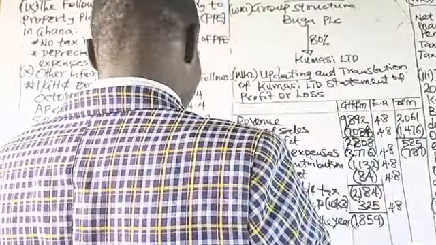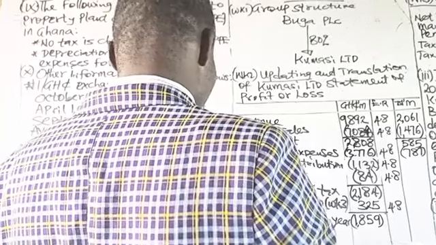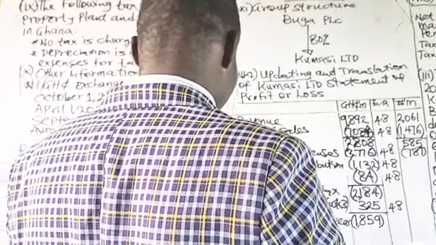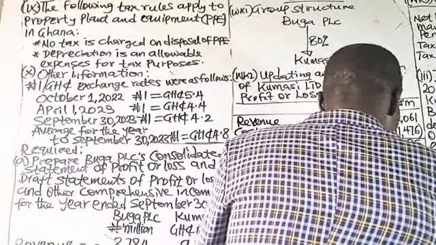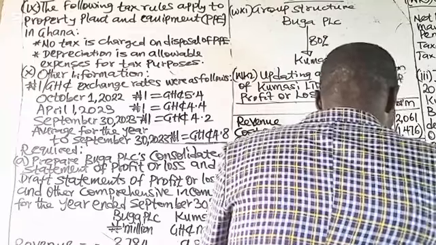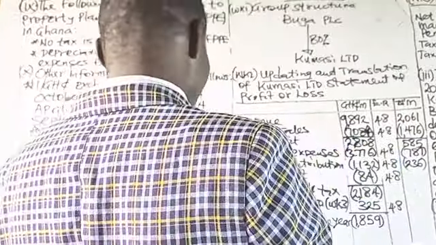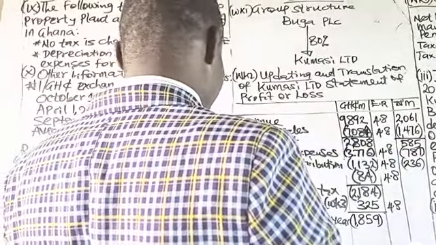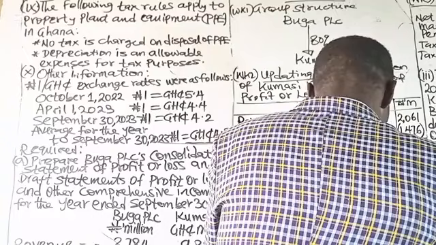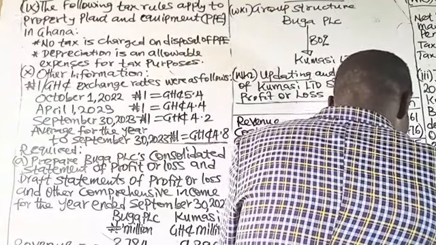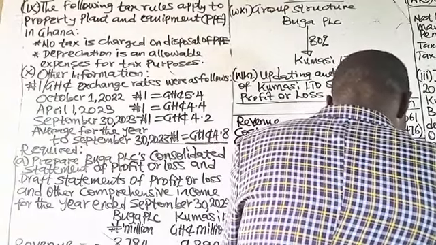Then 1132 divided by 4.8 gives us 236. 84 divided by 4.8 gives us approximately 18, which is 17.5, approximately equal to 18.